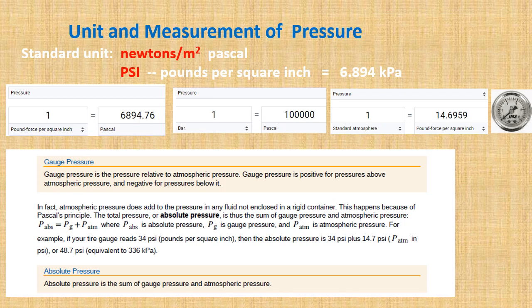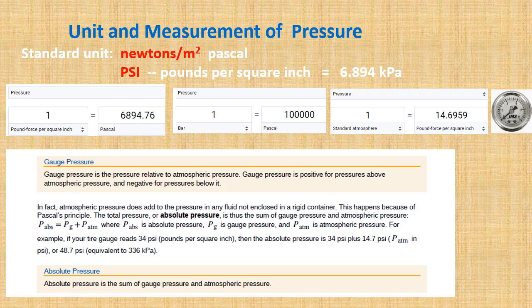We also discuss units and measurement of pressure. The standard unit is Newton per square meter, called the Pascal. In fact, that's a very small unit. Think about it: a Newton is like a little apple held in your hands, but 1 square meter is quite big.